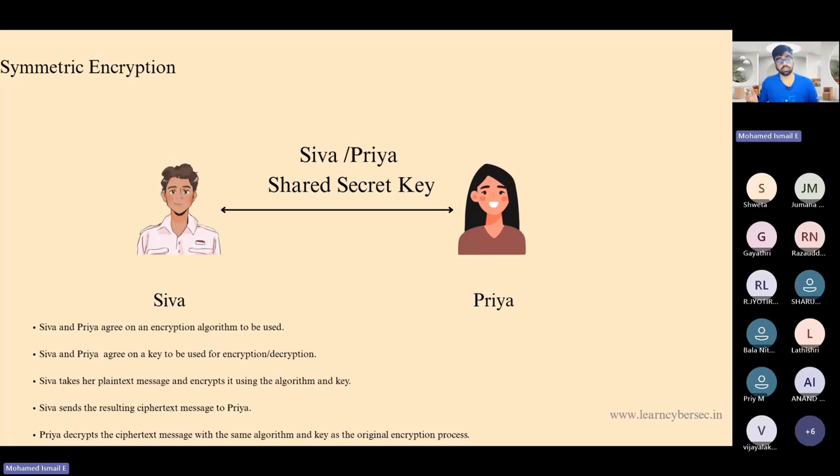Siva will use the key to encrypt the data and Priya will decrypt the data using the same key. So the key must be transferred from Siva to Priya, and the data must be transferred from Siva to Priya.